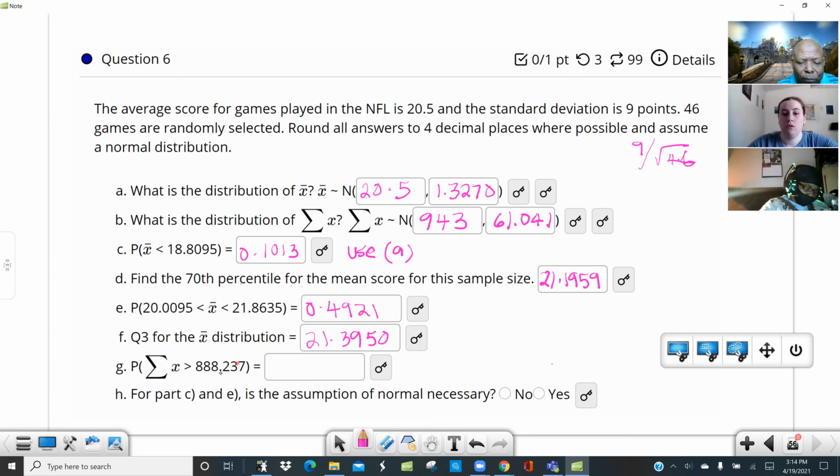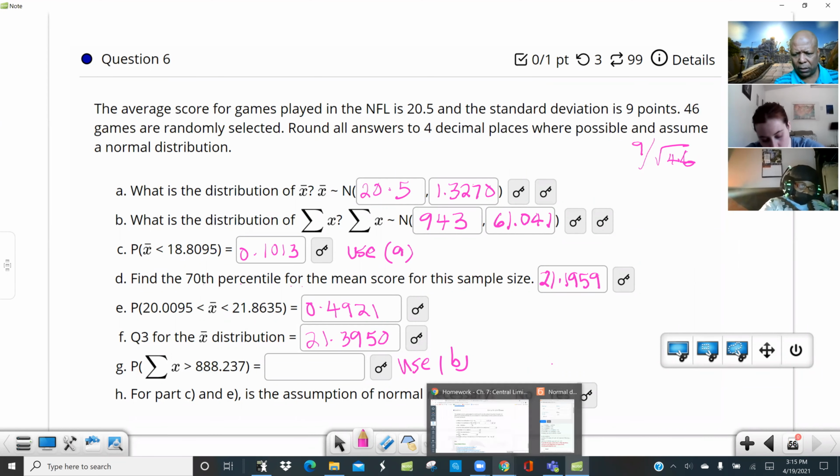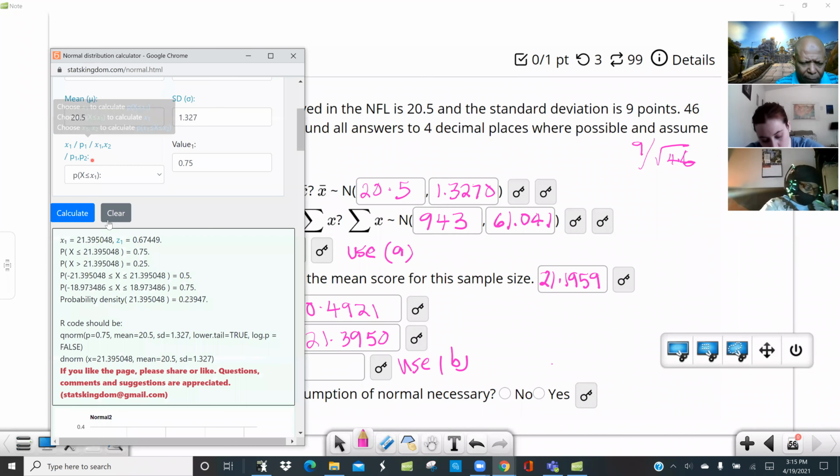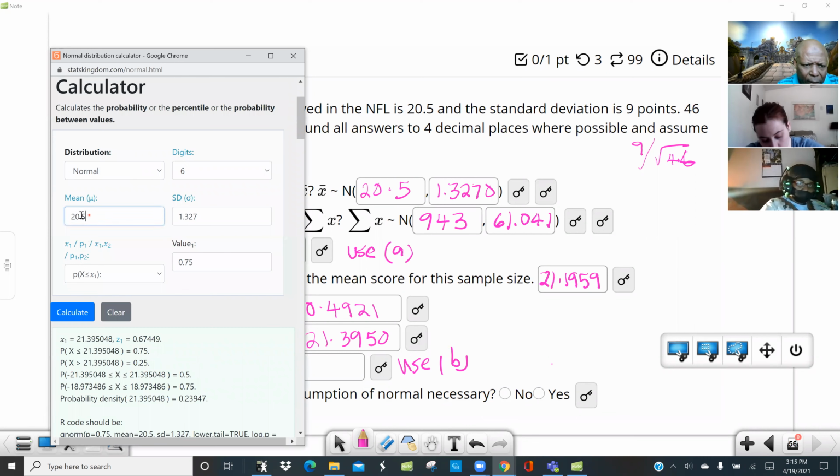Now it's the sum. Now you're gonna use part B. And part B is going to be asking for two different values, the mean of 943 and a standard deviation of 61.041.